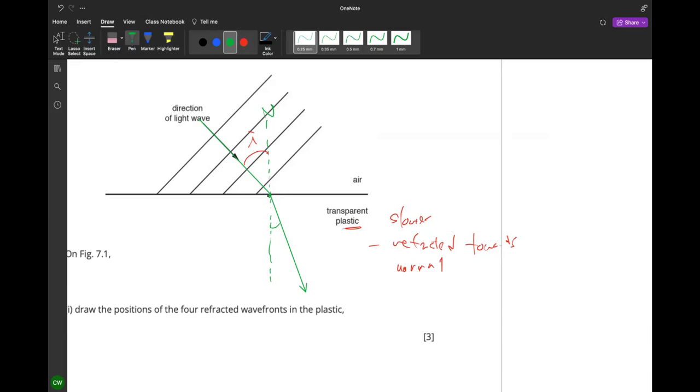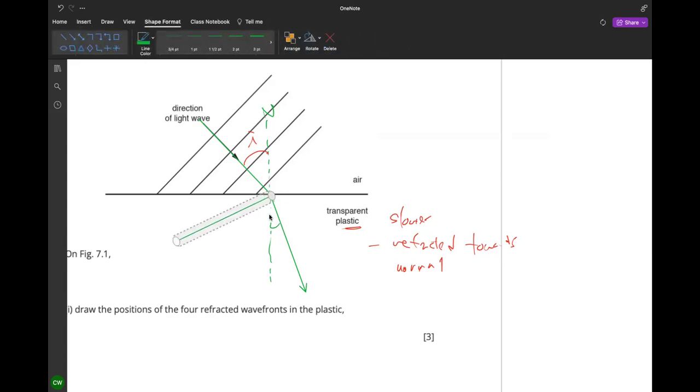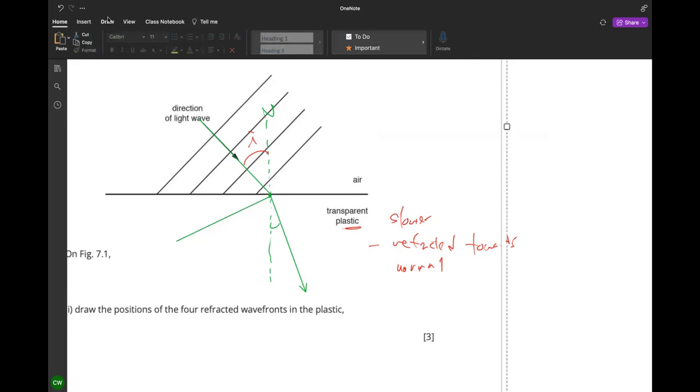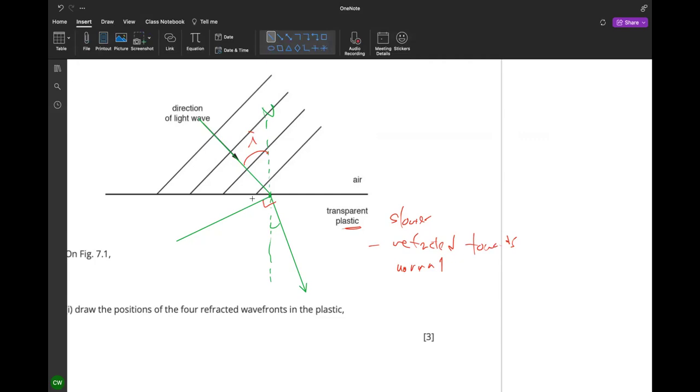For example, on this ray, you need to draw a line from here and make it 90 degrees to the existing line. It means it's 90 degrees to this line. Can you see this is 90 degrees? And then you need to use this to draw parallel to this ray.